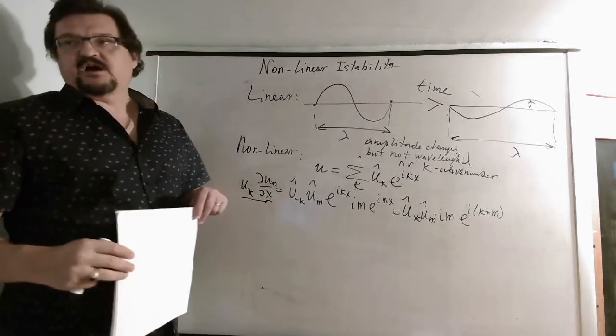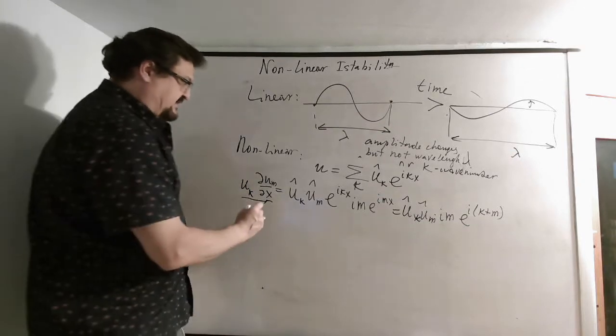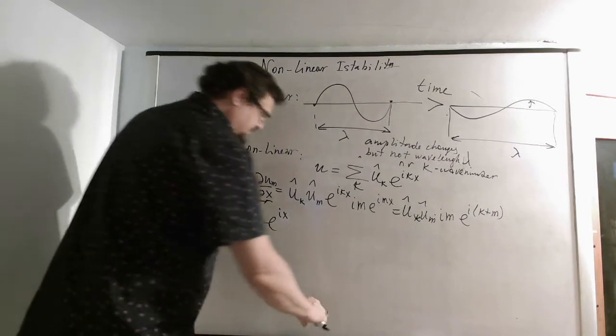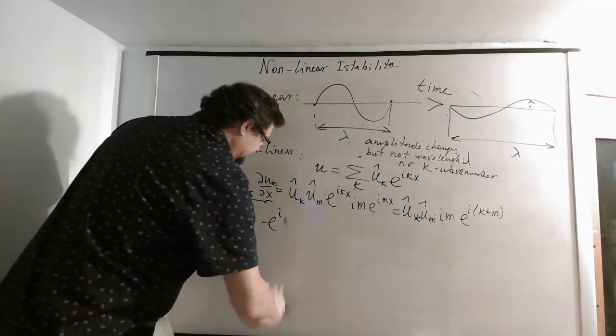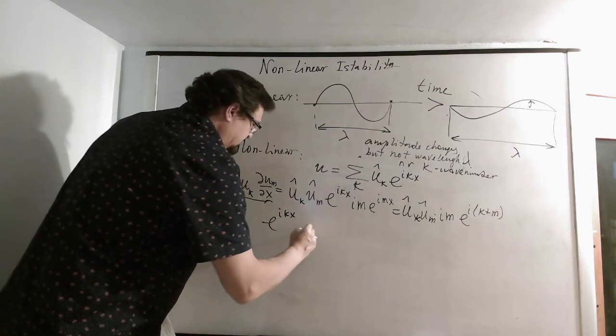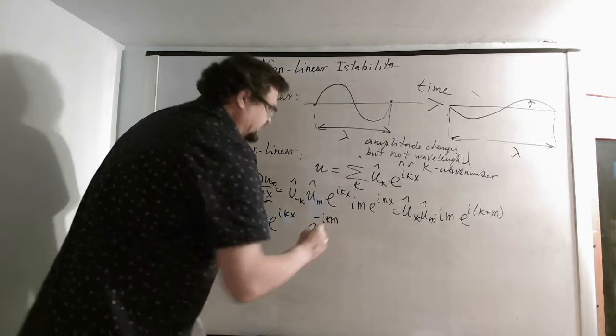And because we have complex conjugates of those numbers, remember that if this is a complex number, e^(ikx), this is our wave, then the complex conjugate is e^(-ikm). So what's the conjugate?